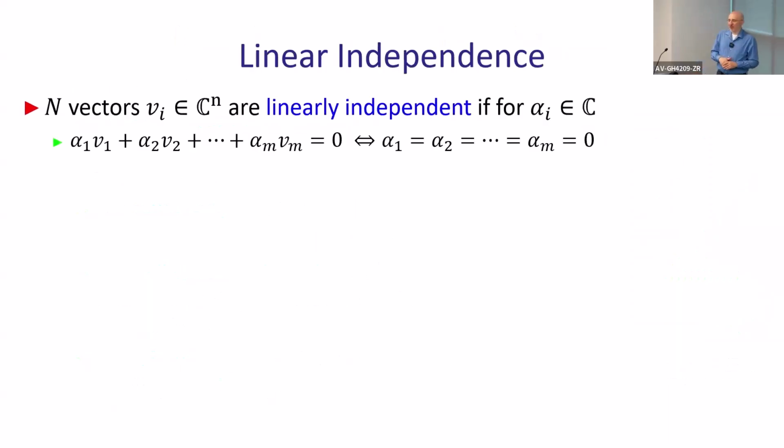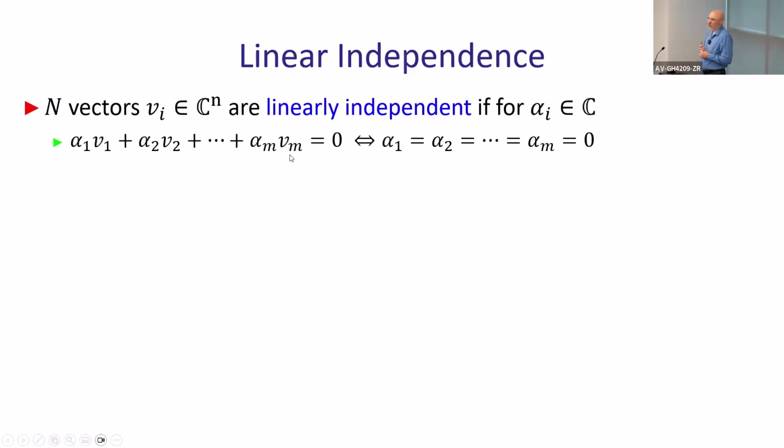All right, so linearly independent, formally we define that as: the weighted sum of vectors v1 through vm equals 0 if and only if all of the coefficients are 0. This is the only way it will be linearly independent. If this is not true, then it will be linearly dependent.